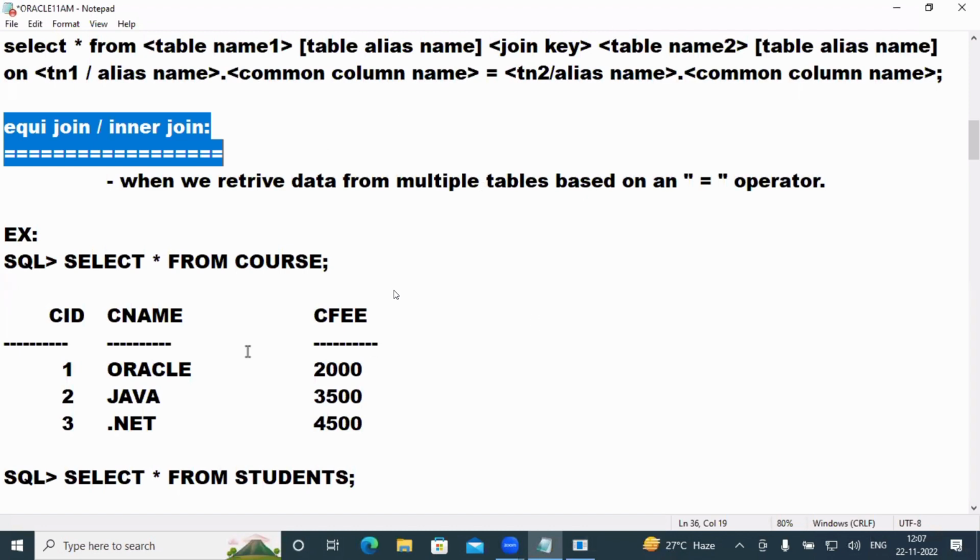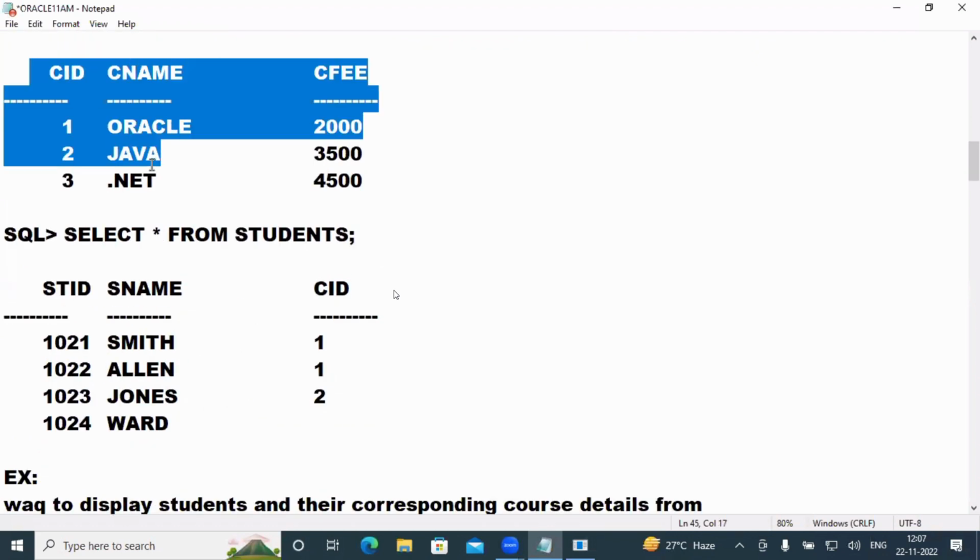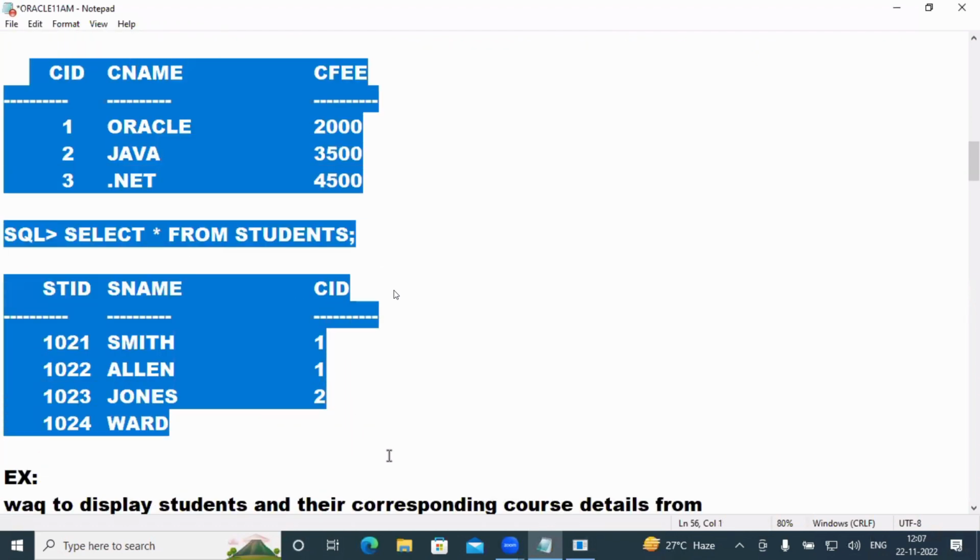That means if in your tables any unmatching rows are there, those unmatching rows are not retrieved by equijoin. Yes or no? Equijoin will not retrieve unmatching rows. It will retrieve only matching rows. Got my point now?